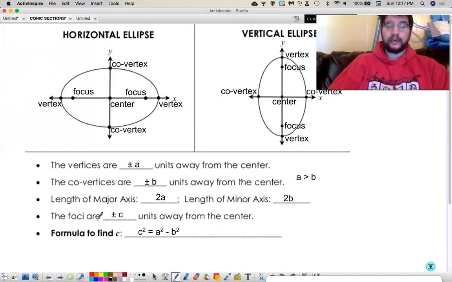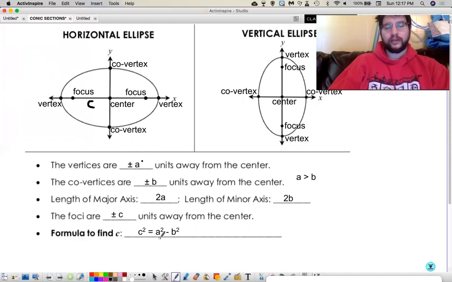Now the foci are a little more complicated to calculate. They're plus or minus c units away from the center. So here's the center. If we have a c from here to here, that's the distance from the center to the foci. So how do we calculate c? It varies depending on what kind of shape we're dealing with. We're dealing with an ellipse here.